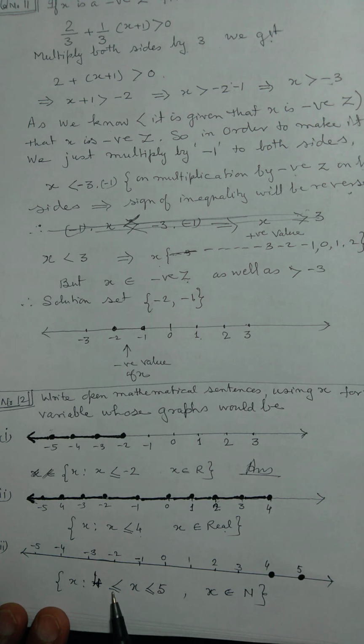So 4 is less than or equal to x, and x is less than or equal to 5. And here you see this line between 4 and 5 is not darkened. That is why x belongs to natural number.